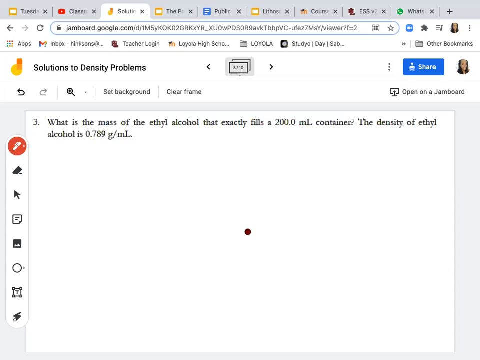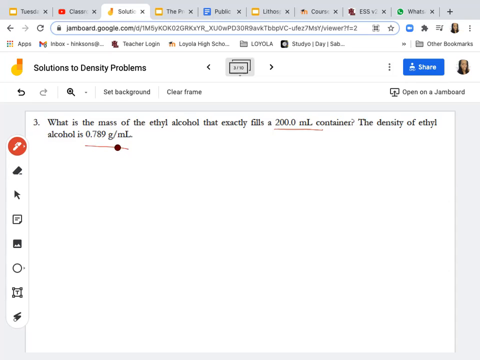Okay, number 3. What is the mass of ethyl alcohol that exactly fills a 200 ml container? The density of ethyl alcohol is 0.789 grams per milliliter.